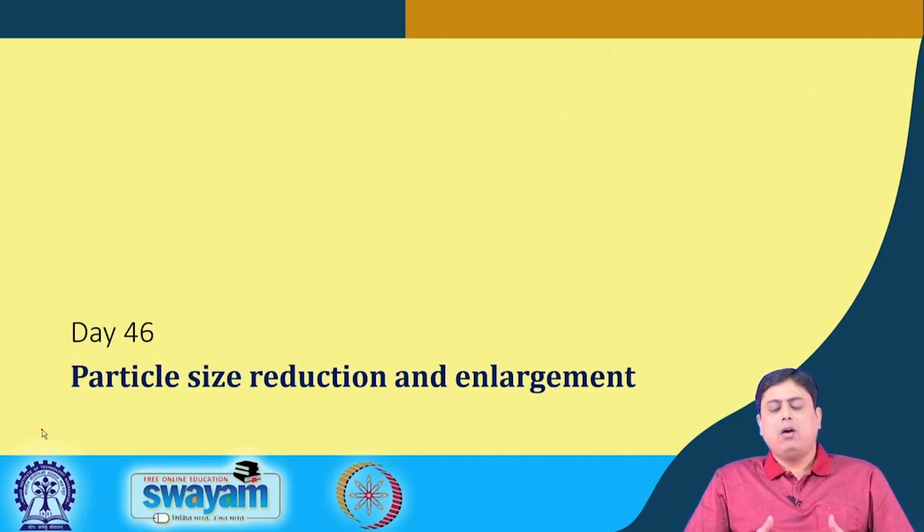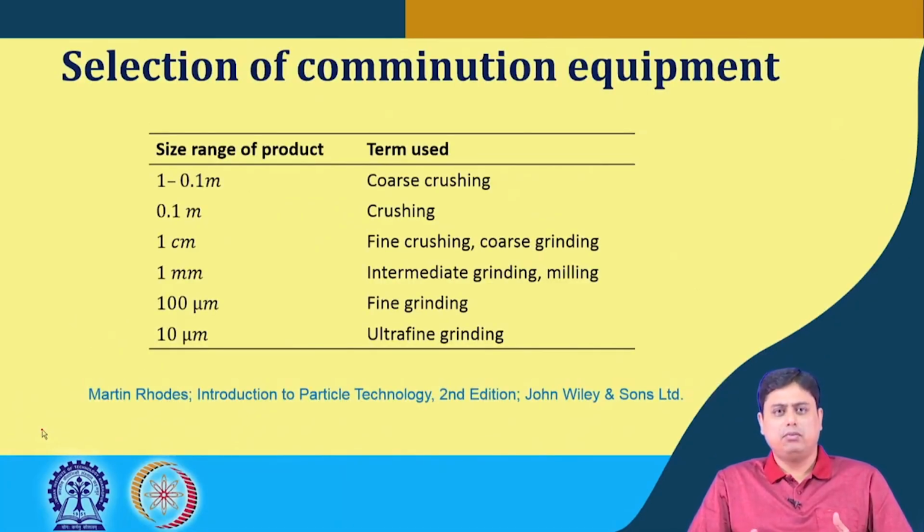Now by now we have encountered several terminologies, a couple of them being coarse grinding, fine grinding, crushing. So what are these? What does this size range typically mean? The term coarse grinding we use when we talk about sizes on the order of meters, say from 1 meter to 0.1 meter.